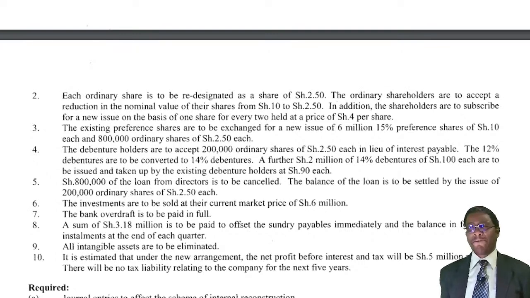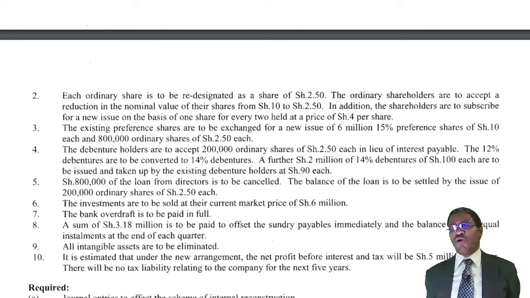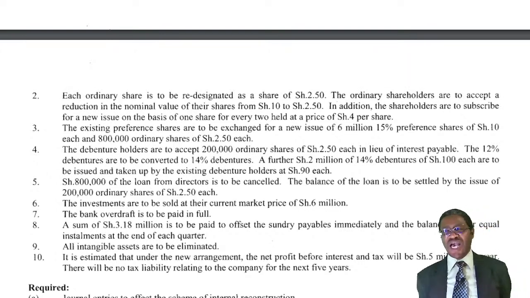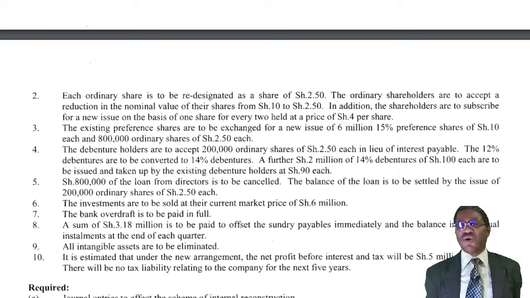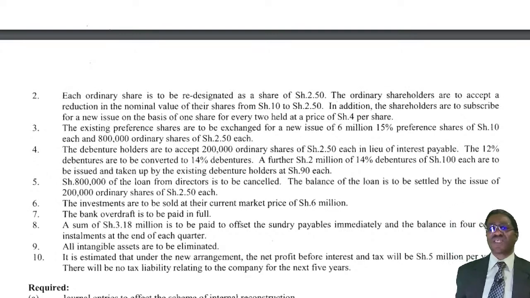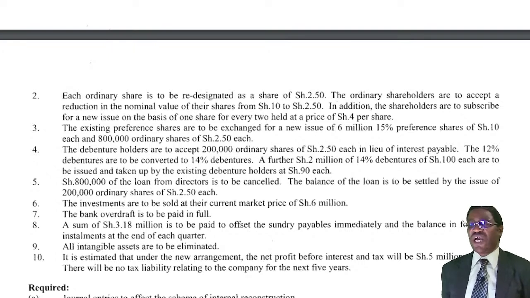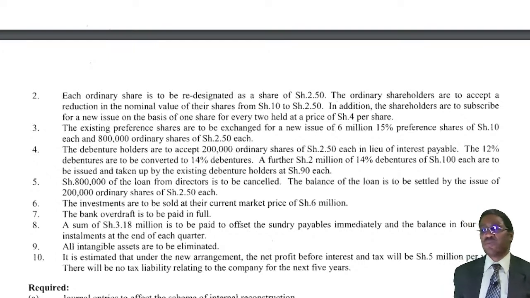Number 3, existing preference shares are to be exchanged for a new issue of 6 million 15% preference shares of shillings 10 each and 800,000 ordinary shares of 2.5. Number 4, debenture holders are to accept 200,000 ordinary shares of shillings 2.5 in lieu of interest payable.